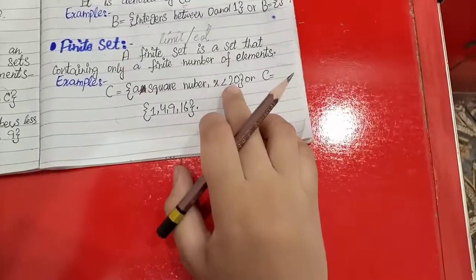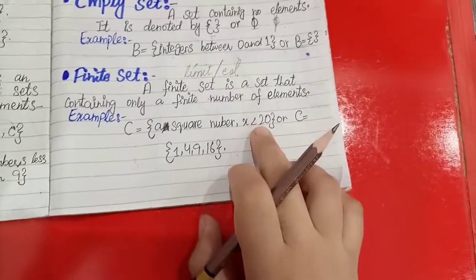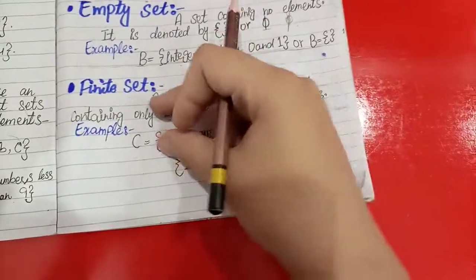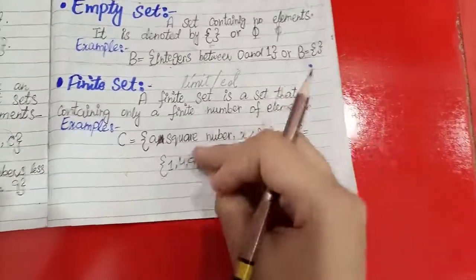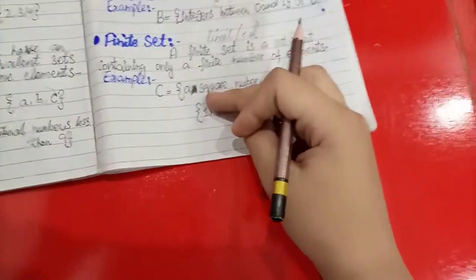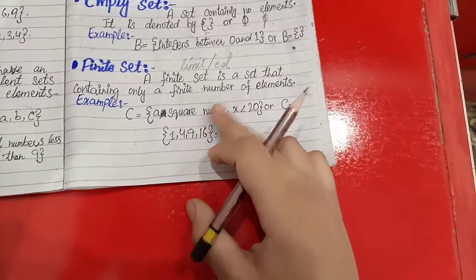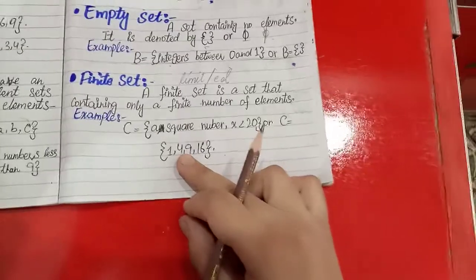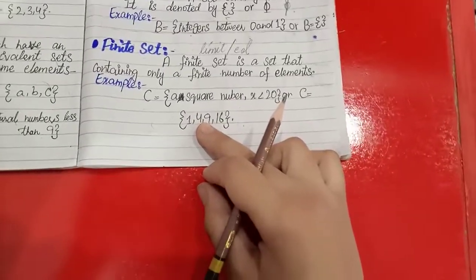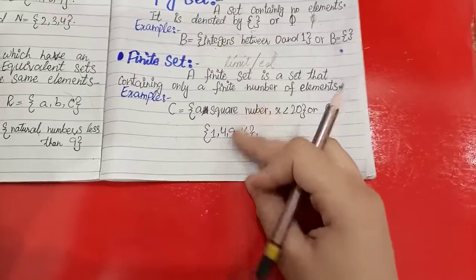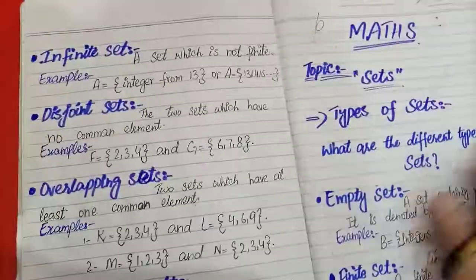And x less than 20 means from 1 to 20, whichever numbers are in the square sequence. If we write it in statement form, a set-builder bracket, or as a simple numeric set, both show our finite set.